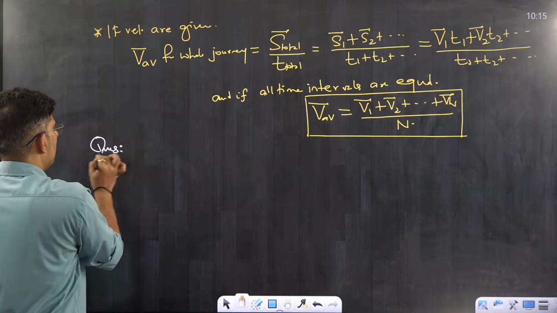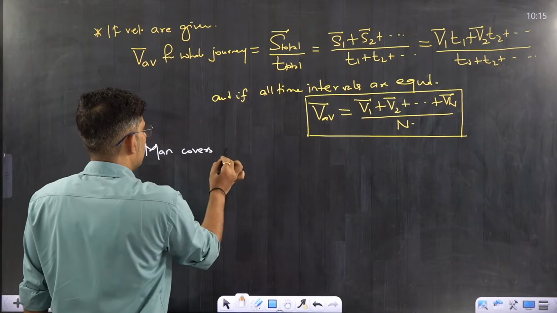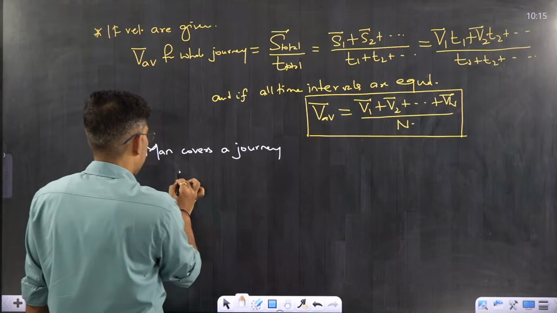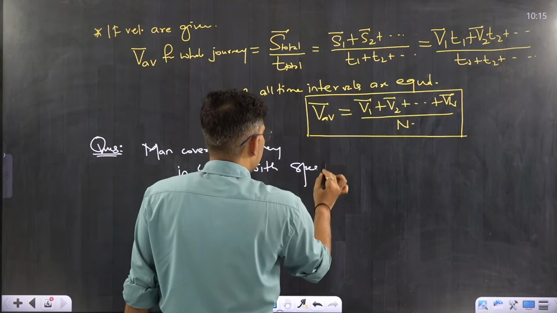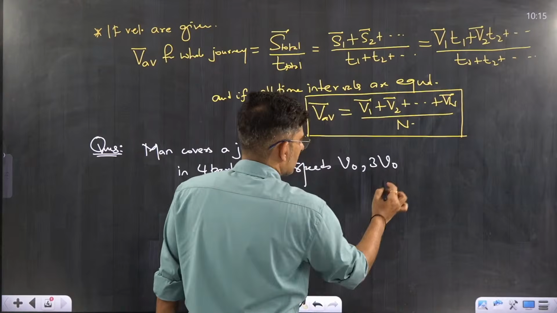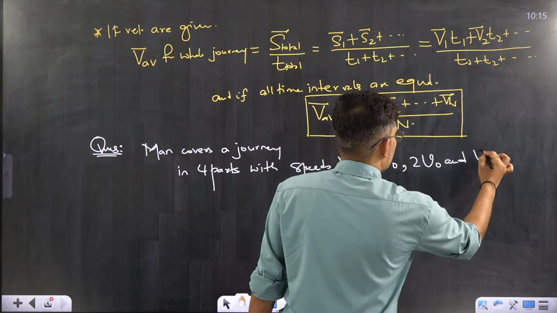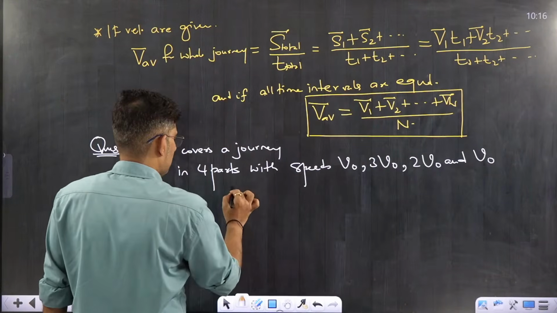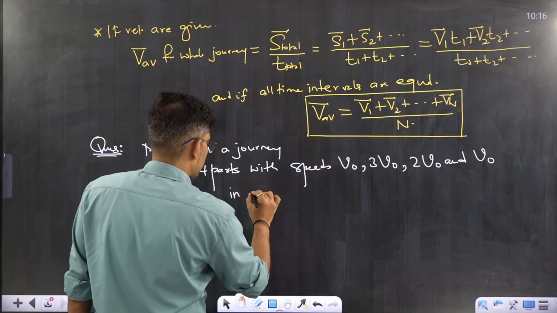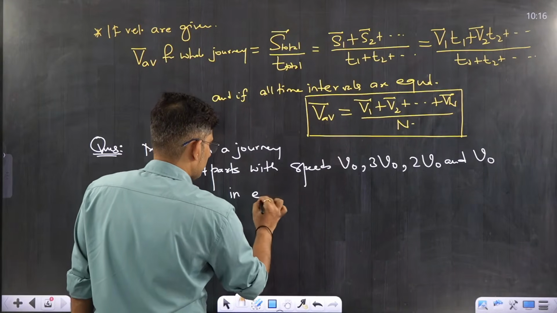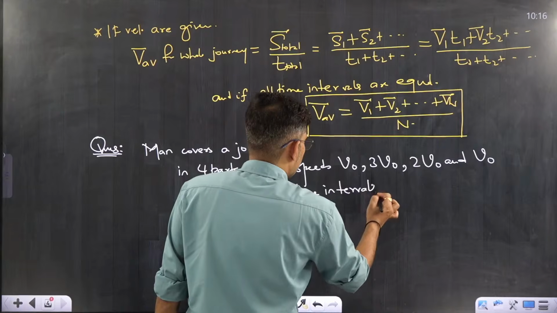We will take the data in short. What is that? A man covers a journey in 4 parts with speeds V0, 3V0, 2V0 and V0, in equal time intervals.